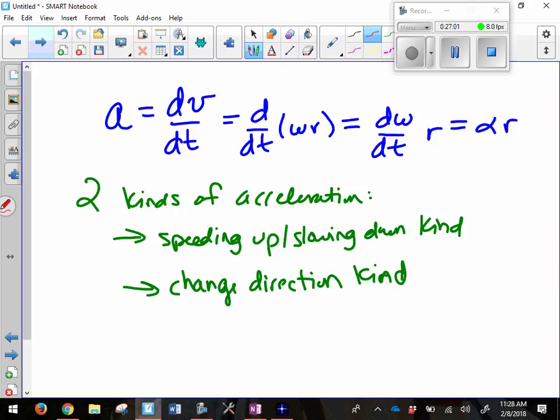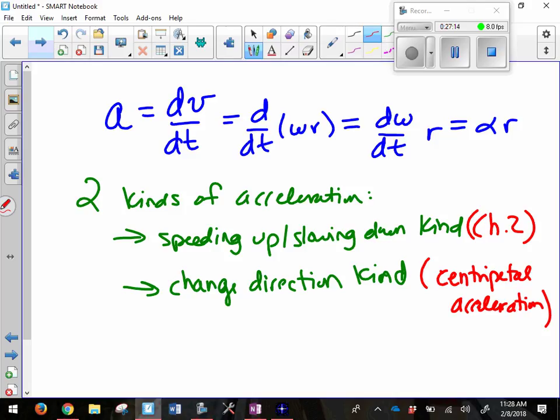And this is the acceleration from chapter 2. And the change your direction kind is the centripetal acceleration from chapter whatever it was, 5, 6, 4. All right.